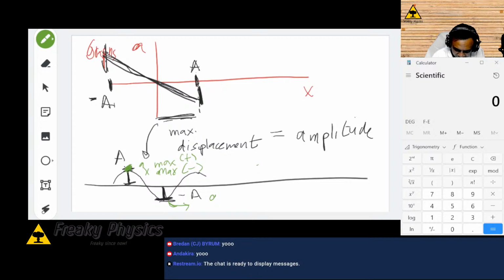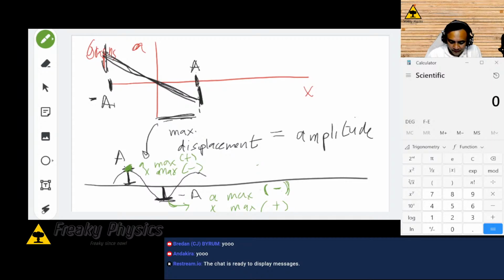We have a negative maximum for a, but a positive maximum for x. So in other words, another good example for a simple harmonic oscillator is a pendulum. It's not a perfect example, but it's a really common one.